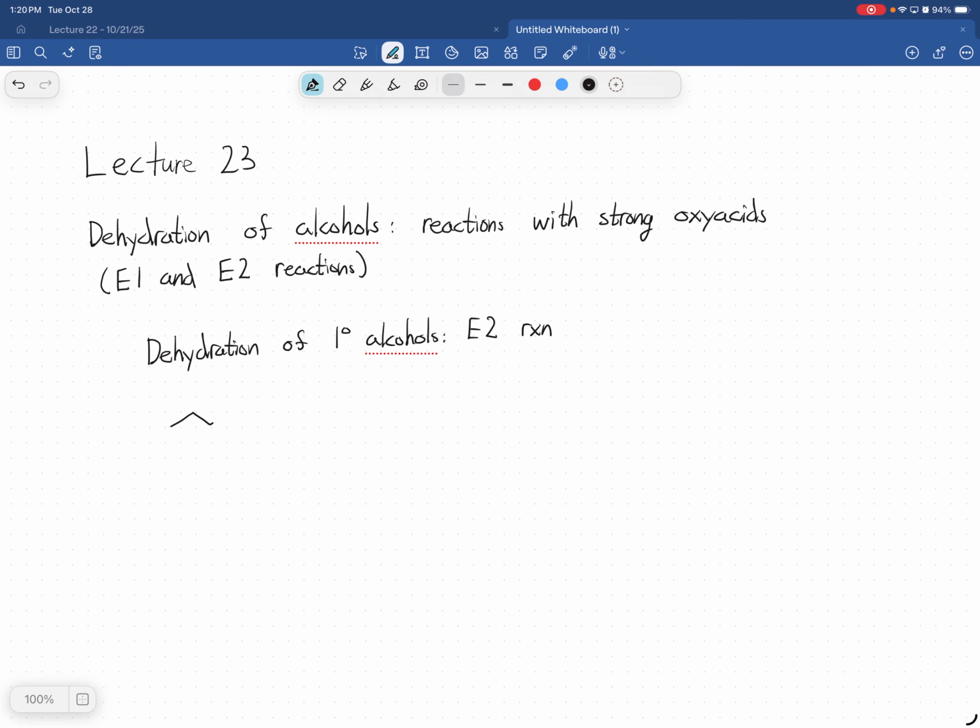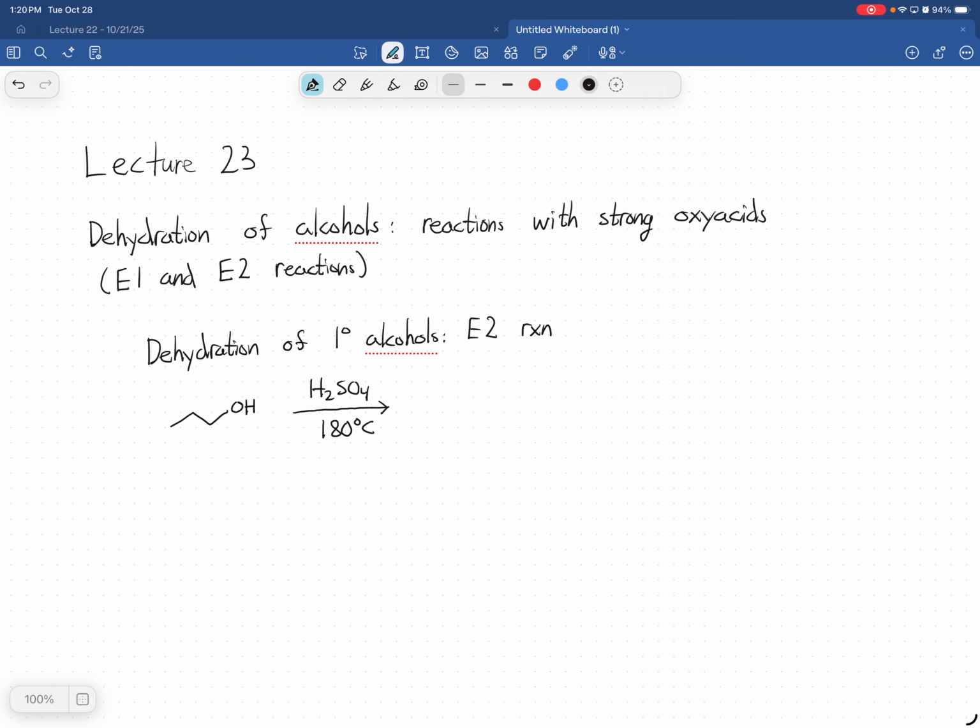All right, so say we have propanol. Okay, we subject it to sulfuric acid, H2SO4, and 180 degrees.